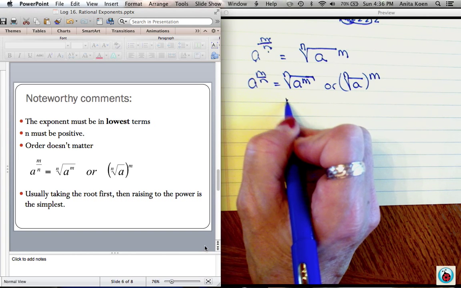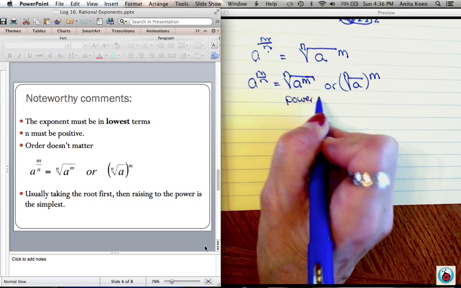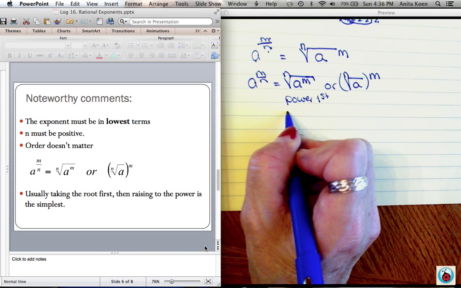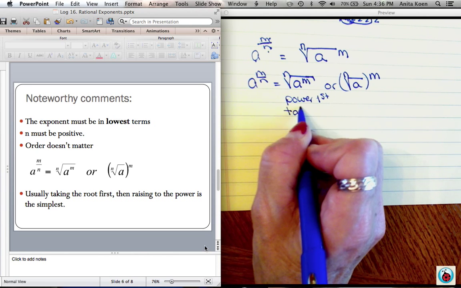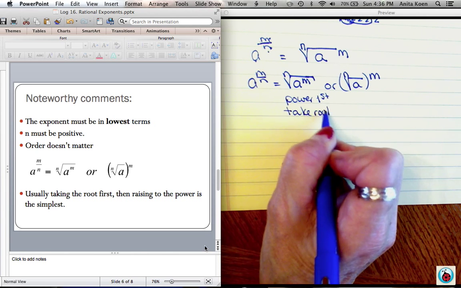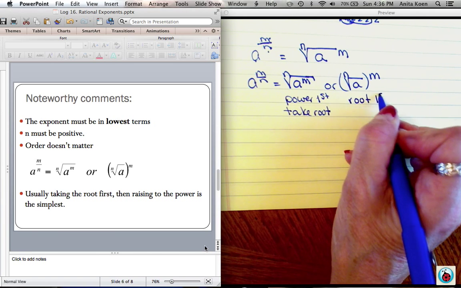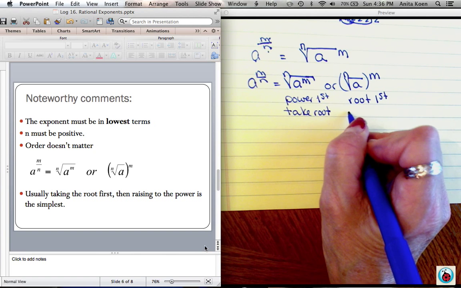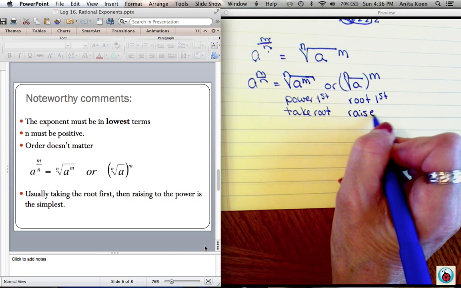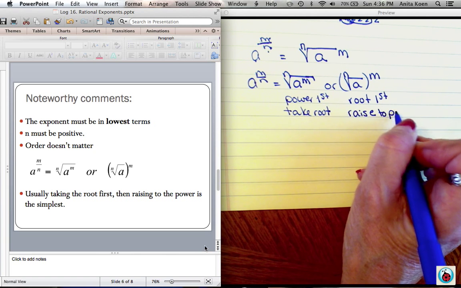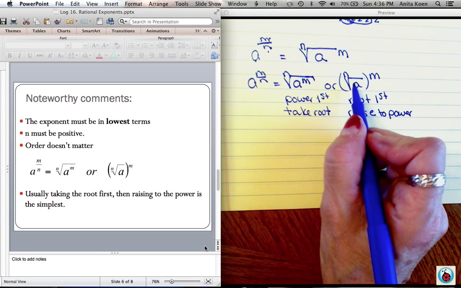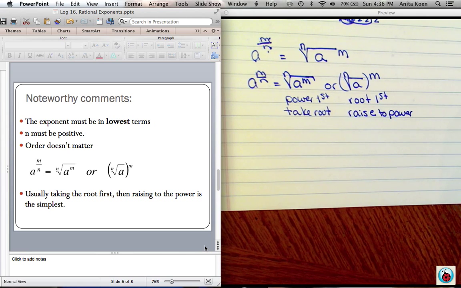So we're going to do power first here, then take the root. This order, we're going to do root first, then raise to the power. So we take the root first and then raise to the power.